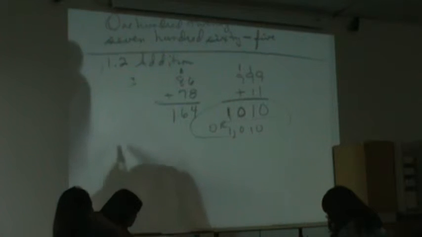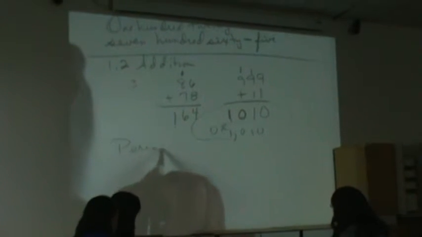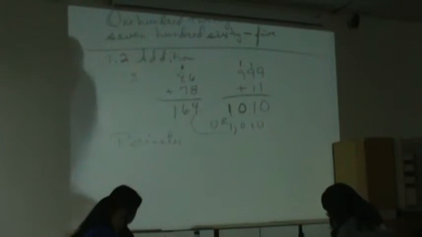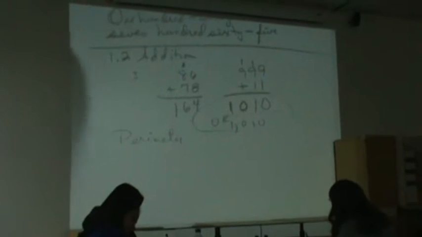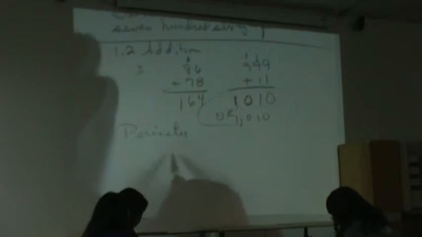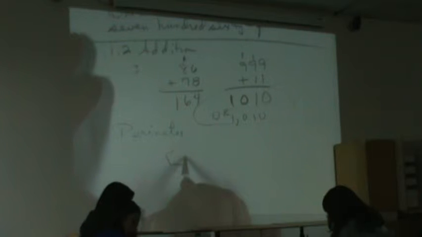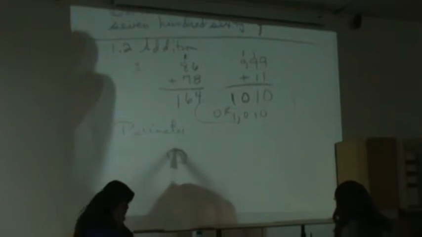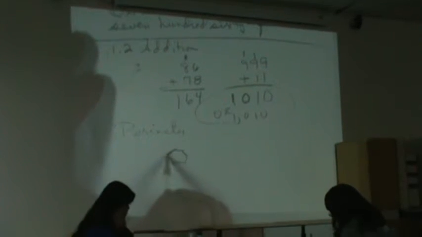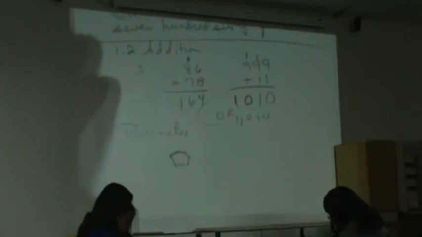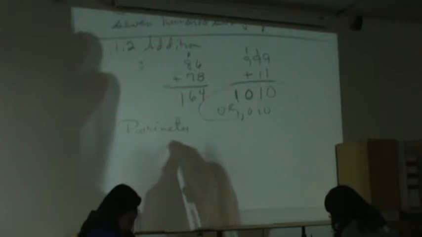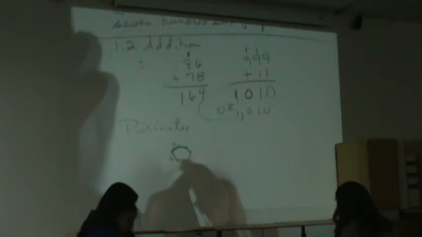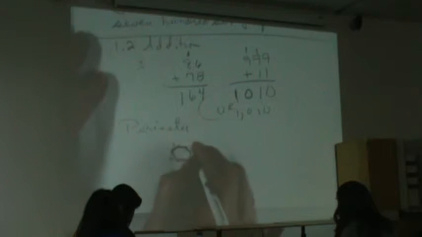Perimeter. Whatever the figure is, you add all the sides. It doesn't matter how many sides it's got. This one has 1, 2, 3, 4, 5, 6. We got 6 sides. Let's say there are these numbers here.